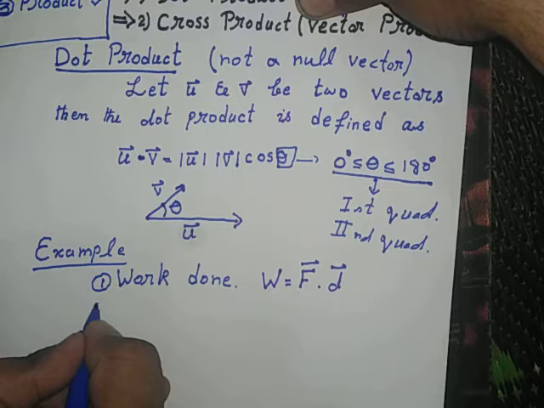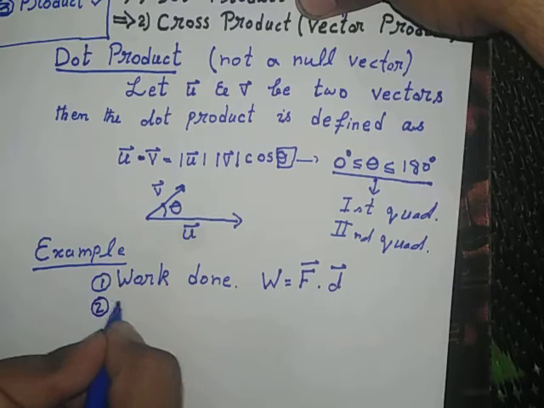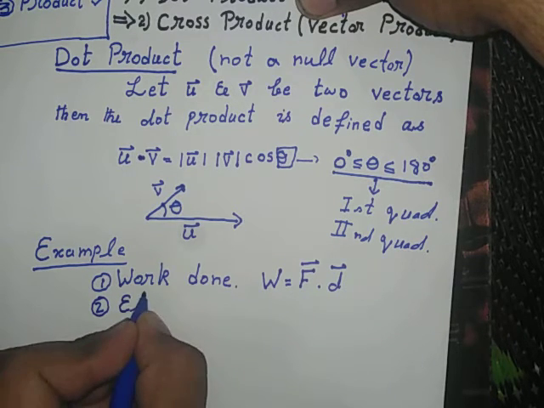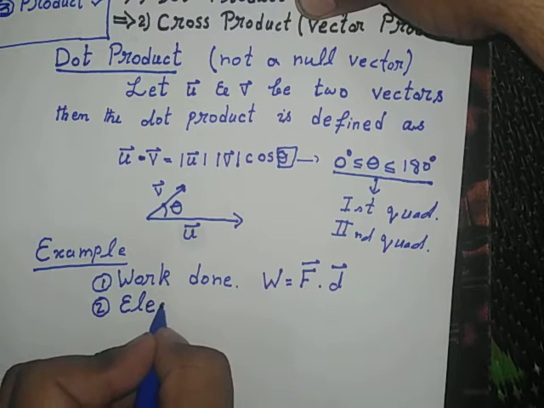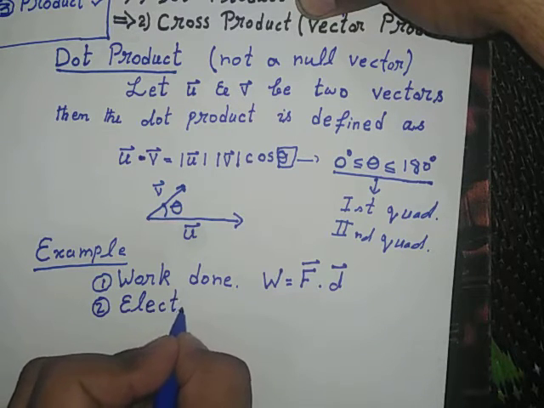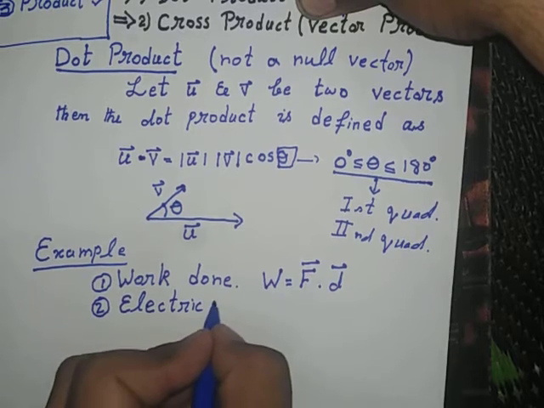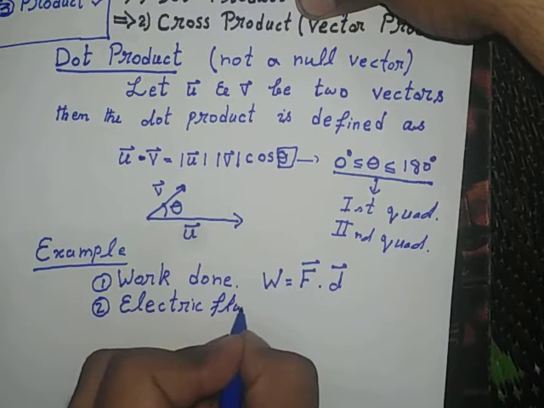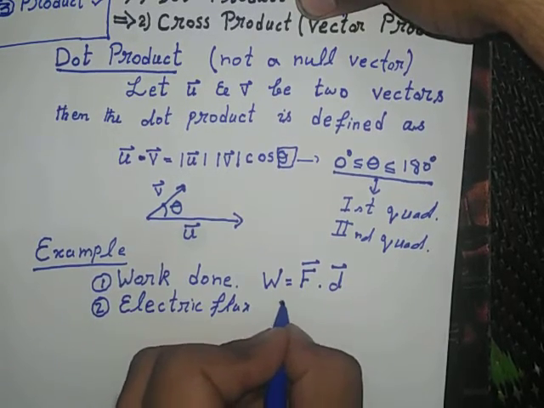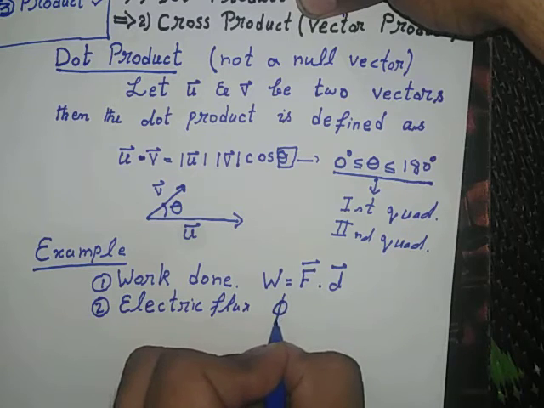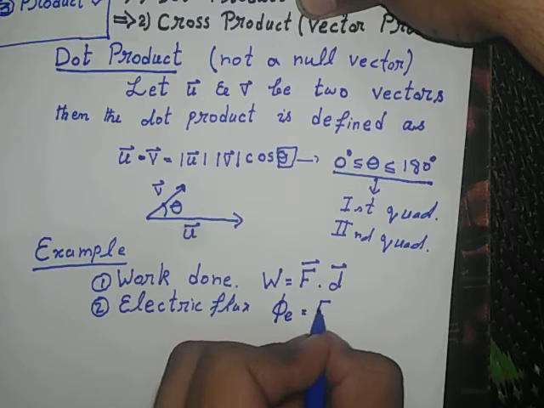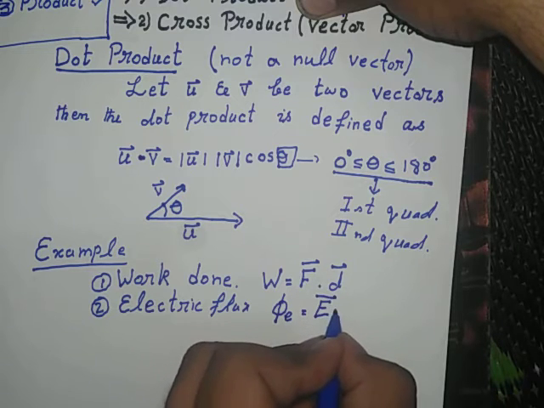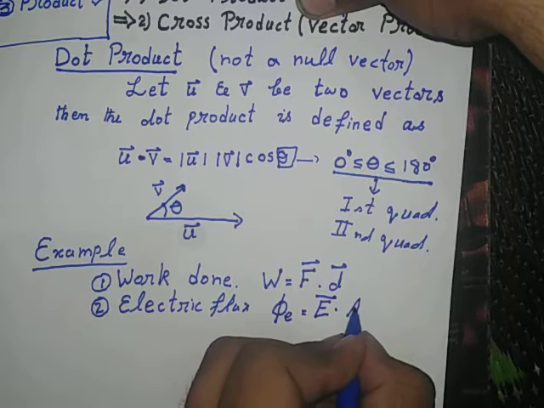Second is electric flux. This is in electromagnetic theory. Electric flux is denoted by phi E, which is the dot product of the electric field vector with the vector area element.